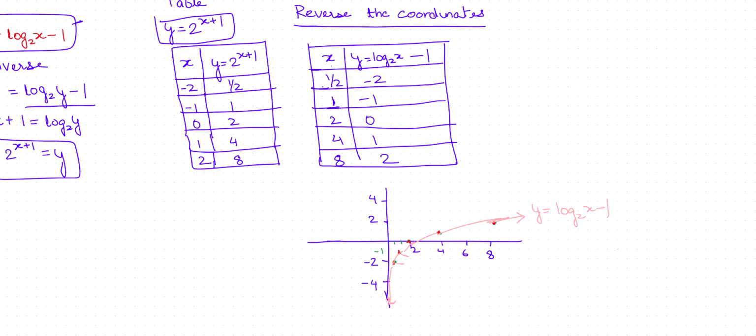So we can see that this is the graph of our original function. So we first found the inverse, then we found the values of x and y, then we interchanged the values here and graphed.